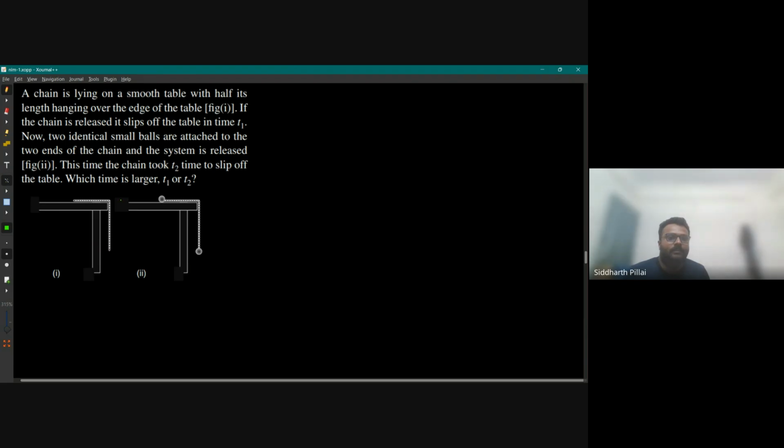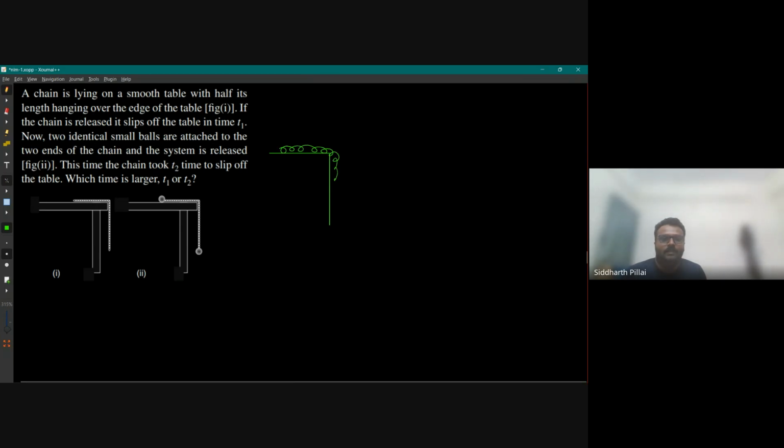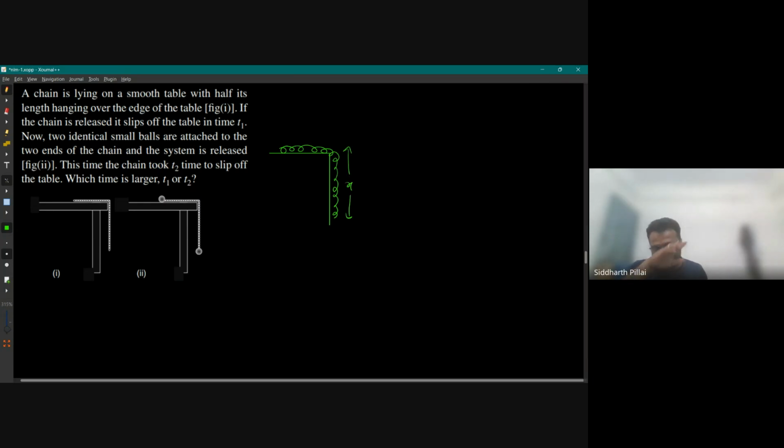So this is like half of it is on the table, half is hanging out. Let's look at the first case, right? Let's say some X length of this chain is hanging off the table. So the force will be basically the weight of this part.